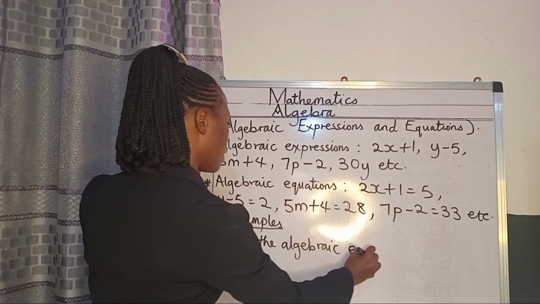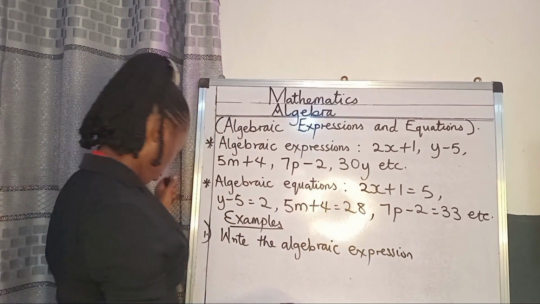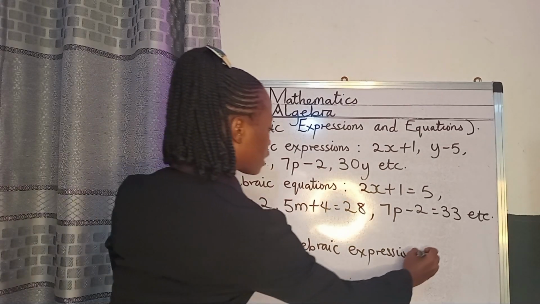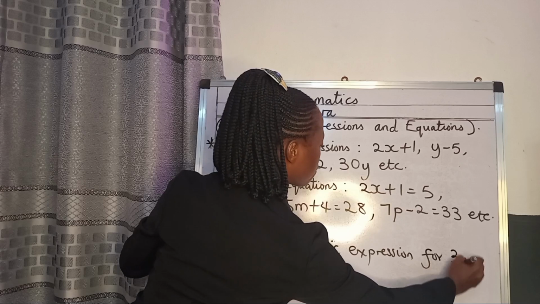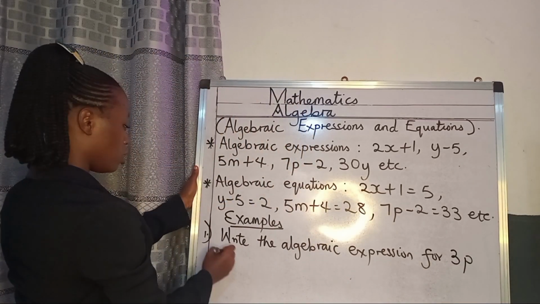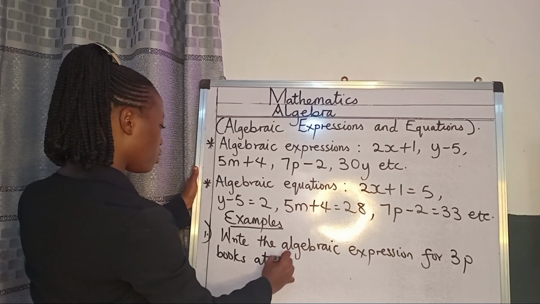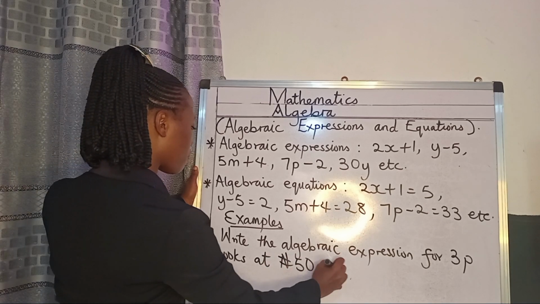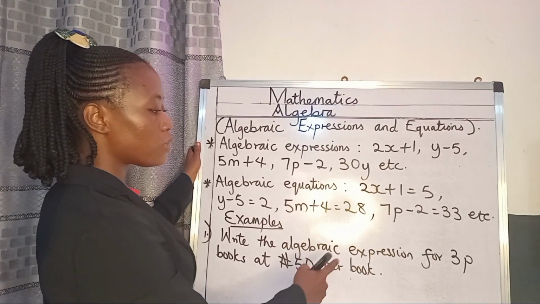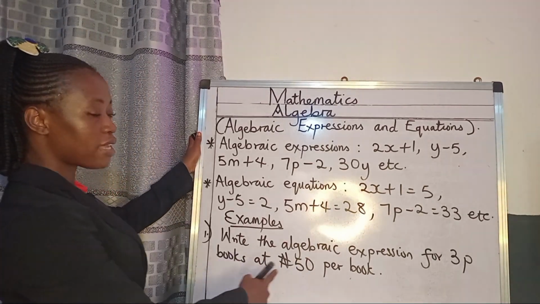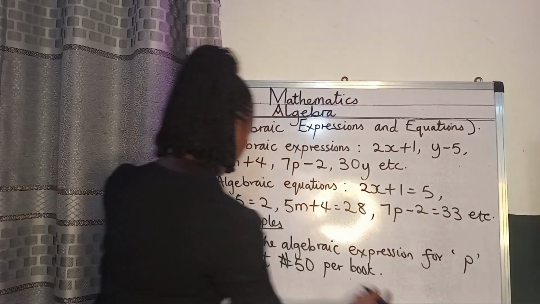Write the algebraic expression for p books at 50 naira per book. Write the algebraic expression for p books at 50 naira per book, p number of books.